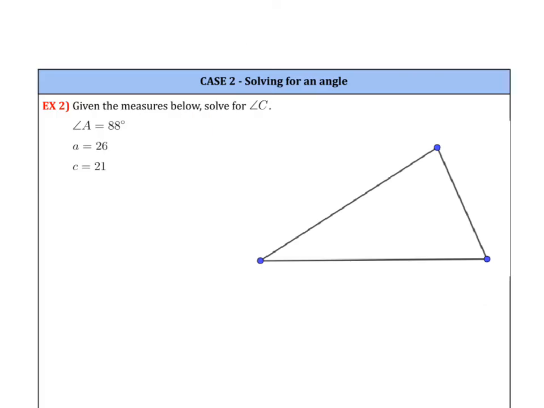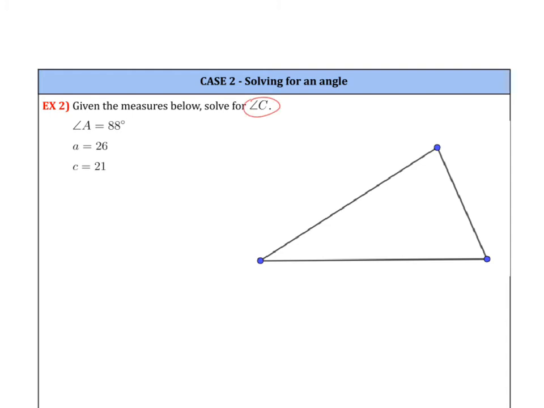All right, now let's take a look at case 2, which is solving for an angle instead of a side. Now, if you remember from the previous notes in using inverse trig, we use inverse trig when we need to solve for an angle.